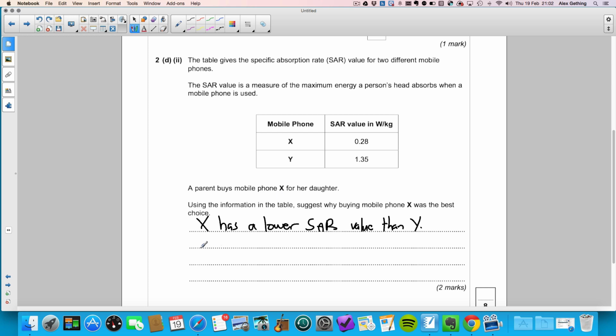That means if mobile phones are harmful, that it's less likely to cause any harm. Or you could put the energy absorbed by the head is less. Okay, but the two we got there would be good enough for that.